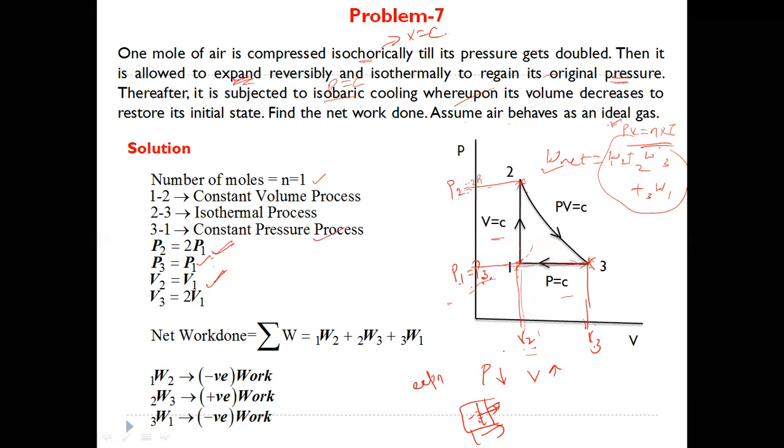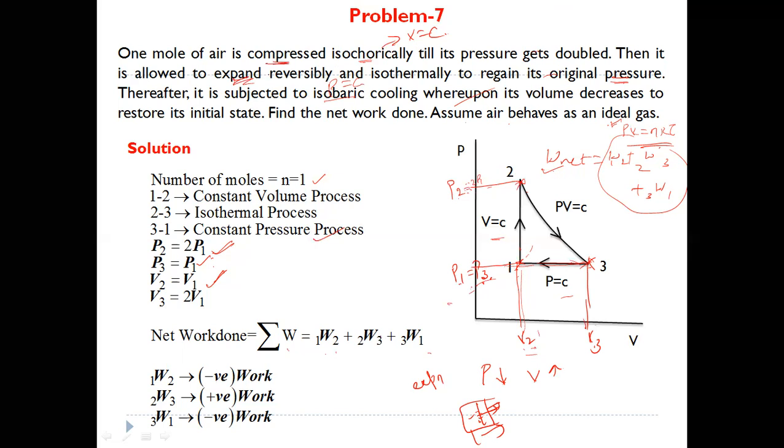Okay. So for each process, we have to find out the work done. So net work done means the summation of work done for the 1 to 2 process plus work done for the 2 to 3 process and work done for the 3 to 1 process. Okay. So here, if you observe, W1 to 2 is a compression process.